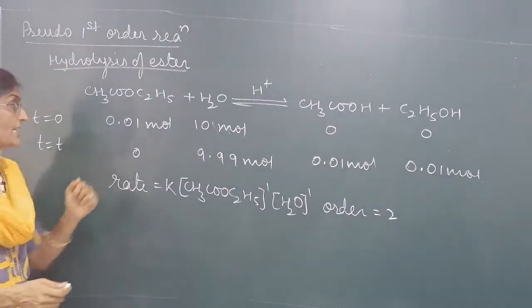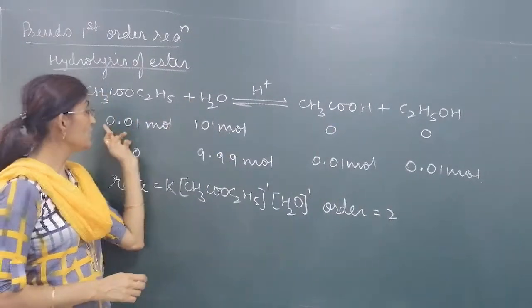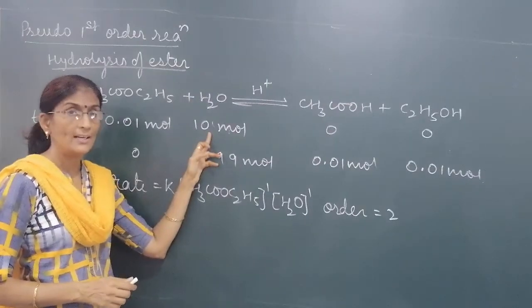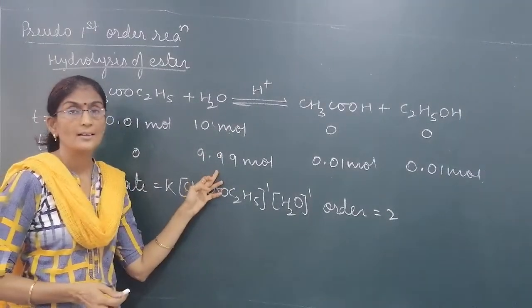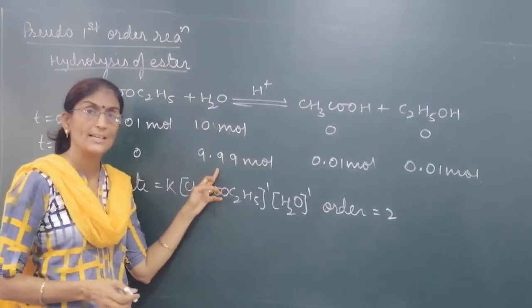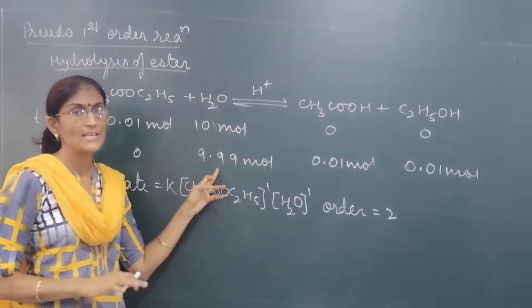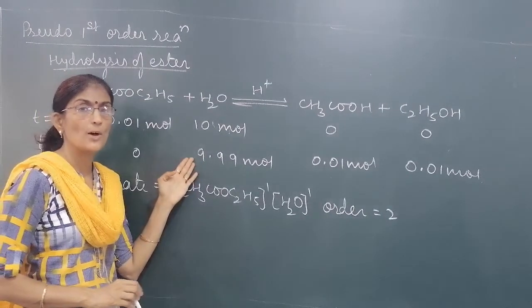But if we see the concentration of water, if you see the moles of water, initially moles of water taken as 10 and at the end of the reaction it is 9.99. If we see the difference, it's just 0.01.